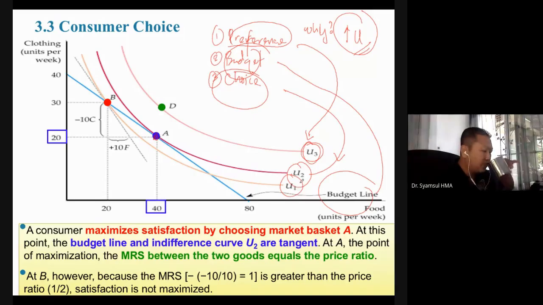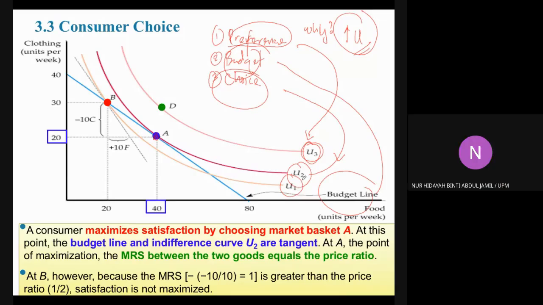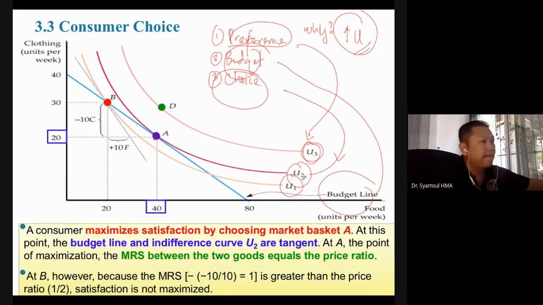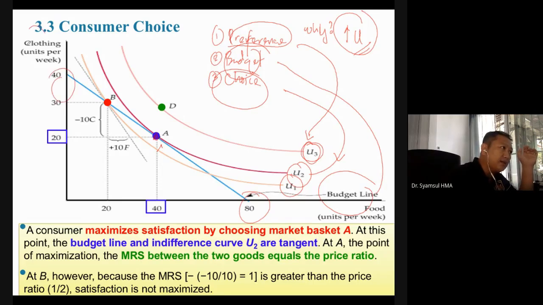Lower satisfaction, and your budget is not fully used. Remember, you are spending all of your income on these two products, clothes and food. So this is the tangent line, and the slope of U2 is the same as the slope of the budget line.